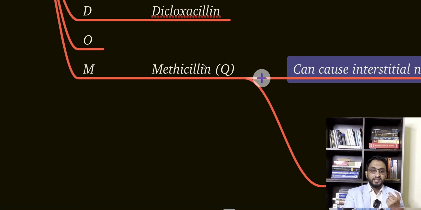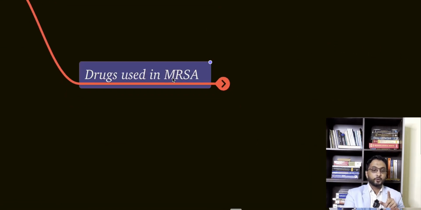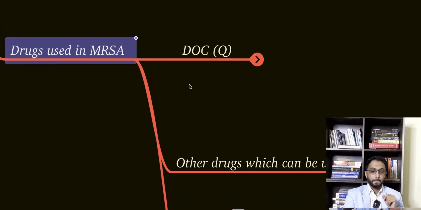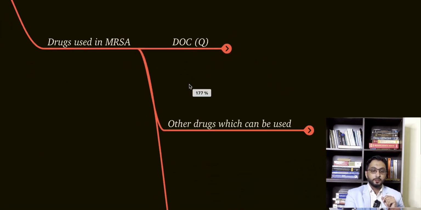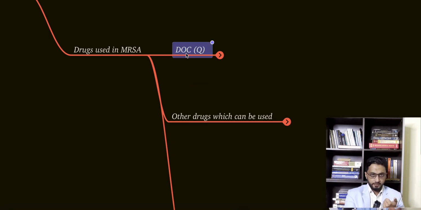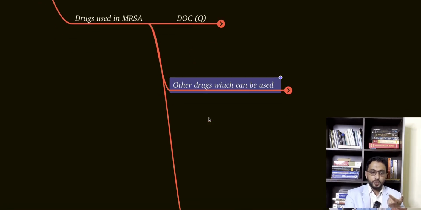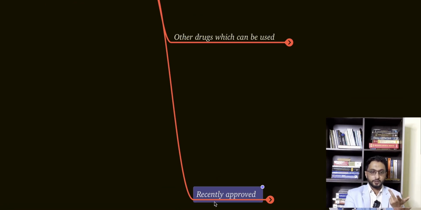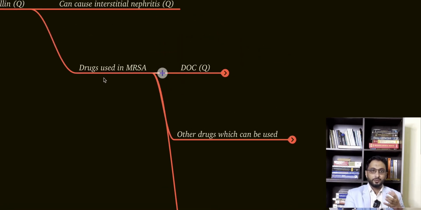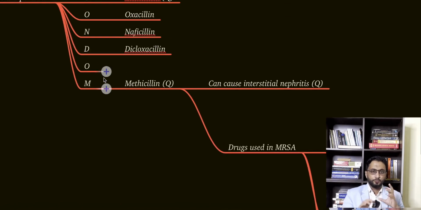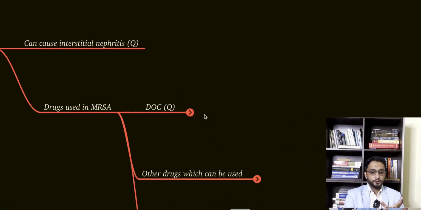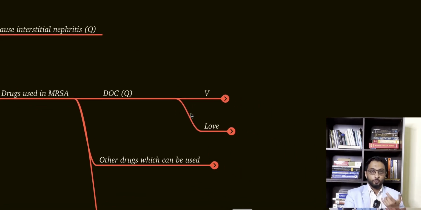Now, as I've told you, there is MRSA, so you have to use some drugs for MRSA, methicillin resistant Staph aureus. In this category there are some drugs of choice against MRSA. There are other drugs which can be used, and some very recently approved drugs. Always use the drug of choice. Currently most organisms are methicillin resistant, so you don't use methicillin. We use the drug of choice, which is mostly 'we love'. How do you remember?